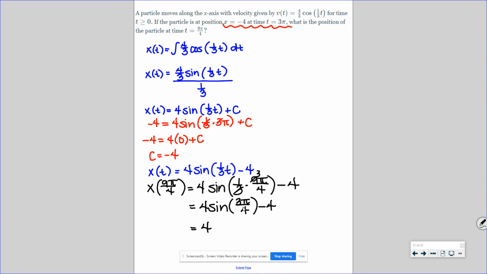Sine of 3 pi over 4 is radical 2 over 2. And we can keep simplifying. This would equal 2 radical 2 minus 4. Now, I don't know if Delta Math wants a decimal or a simplified answer, but from this point, you would either type in this solution or make it a decimal and type that in.